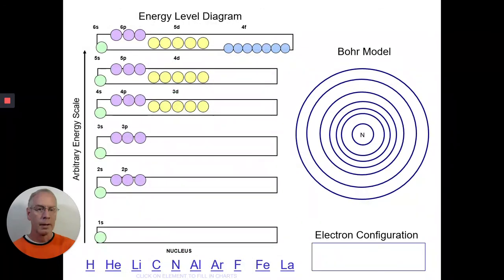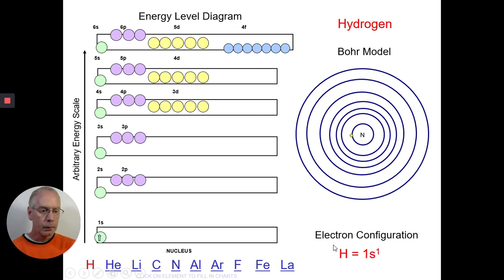Okay? Now, let's compare the simple Bohr diagram that I've shown here with the energy level diagram and then the electron configuration. If I want to do hydrogen, hydrogen's electron configuration is 1s1. Now, let's look at the periodic table for a second, just so you can see.